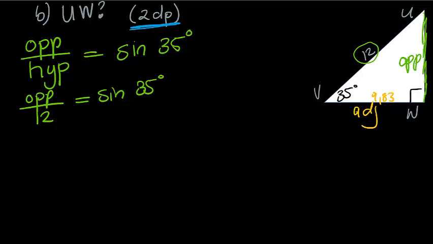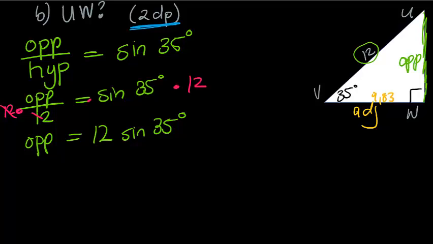So opposite is equal to 12 sine of 35 degrees. Quick recap, what did we do? We said times 12 to cancel the denominator and times 12 on this side. But I put the 12 in the front of my sine. So opposite is 12 sine of 35.